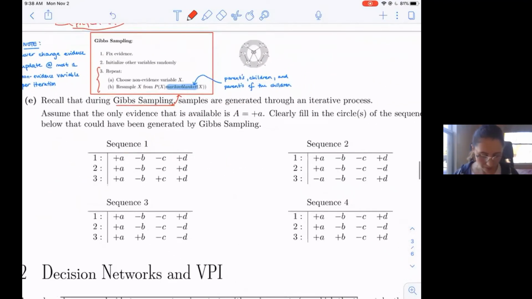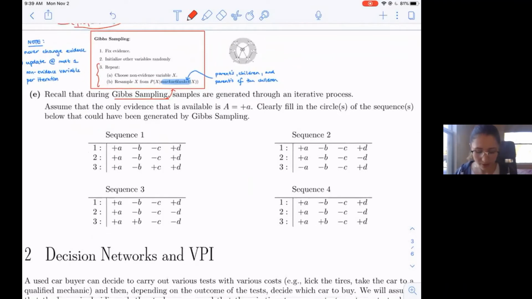So this problem says to assume the only evidence available is plus A. Clearly fill in the circles of the sequences below that could have been generated by Gibbs sampling. The first thing we should sanity check is that we have this evidence plus A, and Gibbs sampling never changes the evidence.